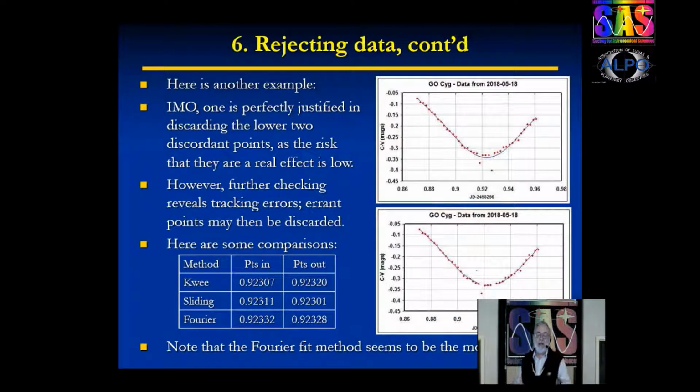Rejecting data. Here's another example. One of the biggest reasons for bad data is just clouds. And this particular light curve, which I got in May, I have a couple of bad points there. I have absolutely zero problem with throwing those points out.